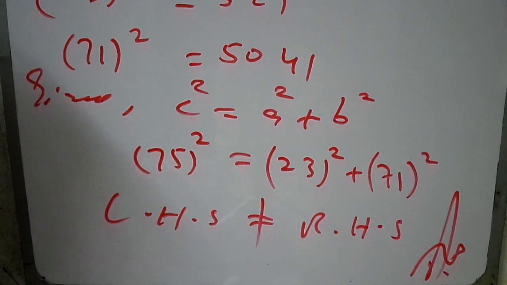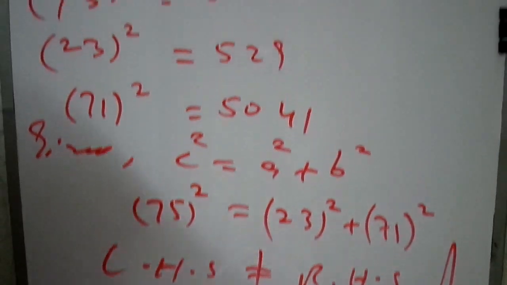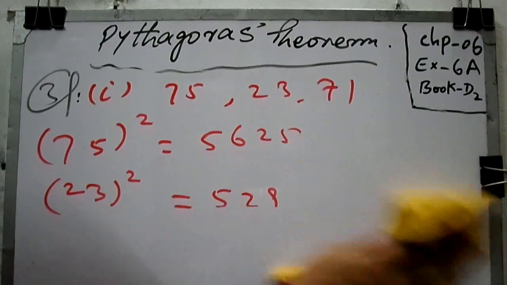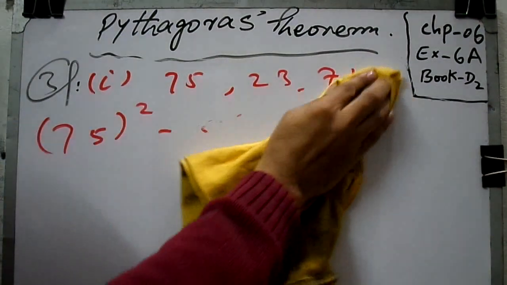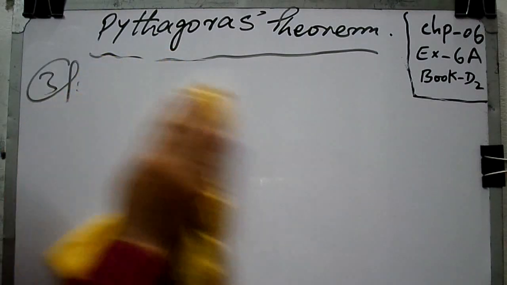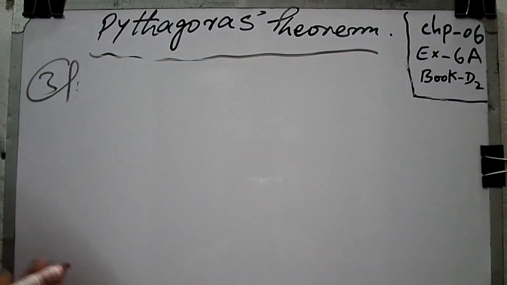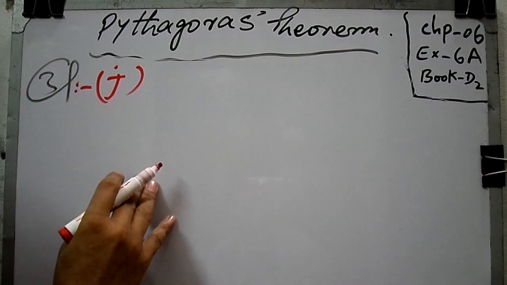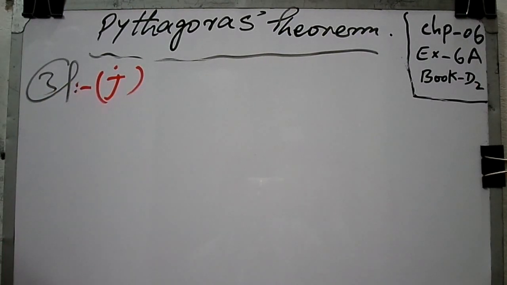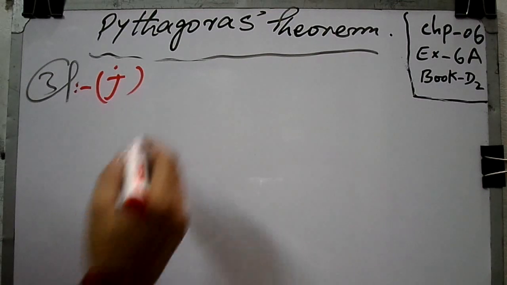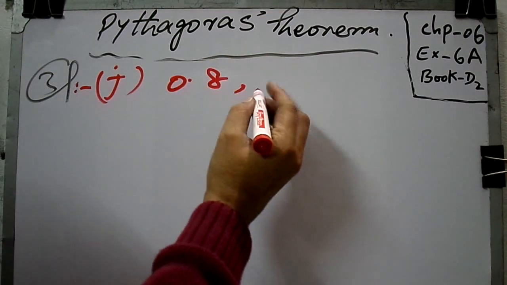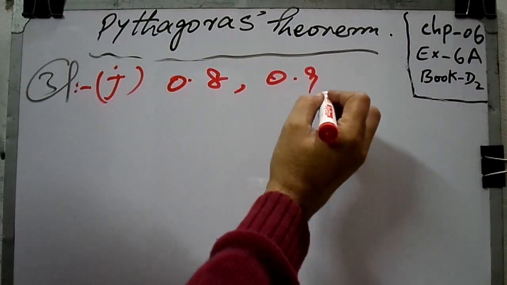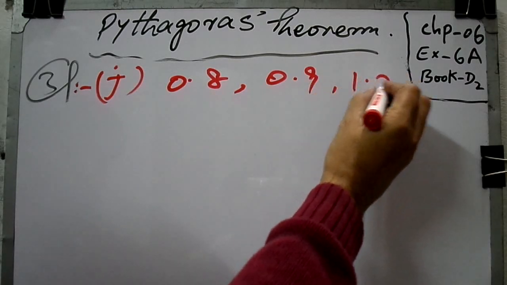Now coming to the J part. In J part, 0.8, 0.9 and 1.2.